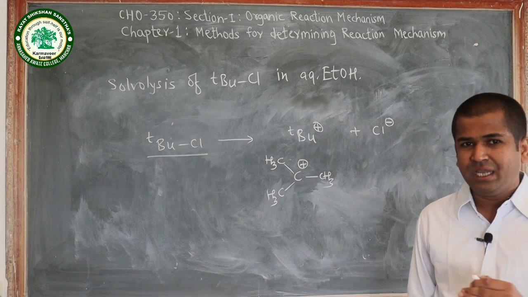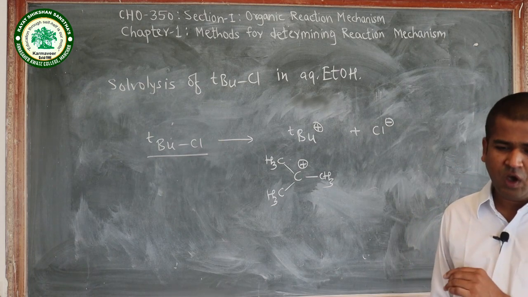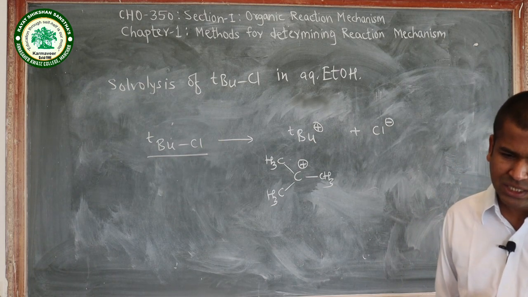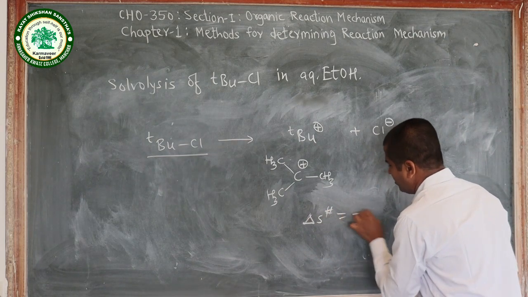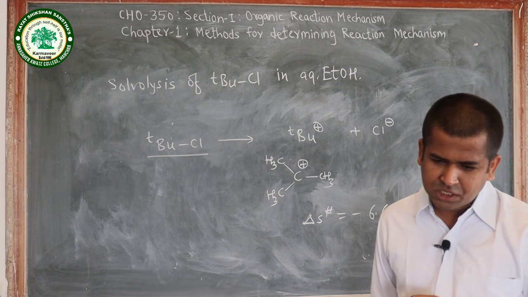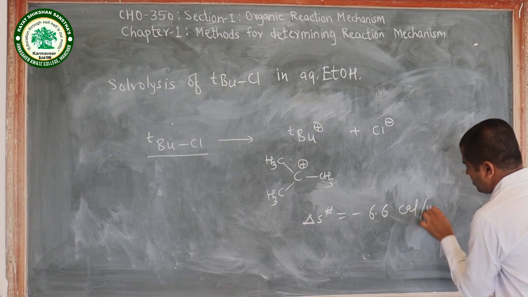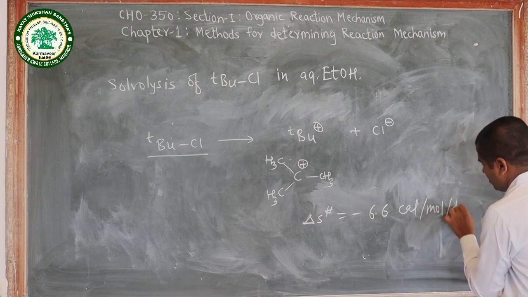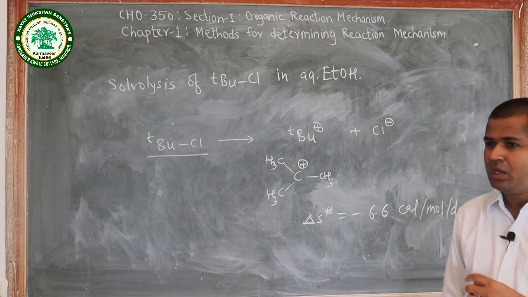But practically what we observe is that the entropy of activation of this reaction is minus 6.6 calories per mole per degree. Okay, minus 6.6 calorie entropy.